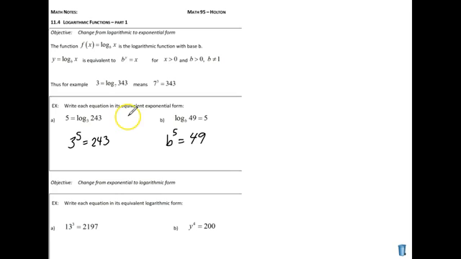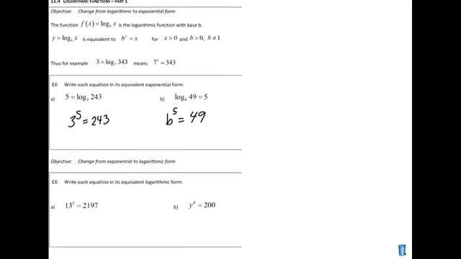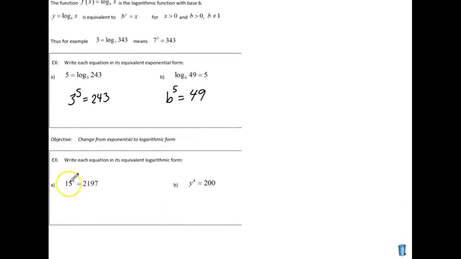So essentially you will be asked at times to take a logarithmic equation and just rewrite it in exponential form. Similarly, you will be given an exponential equation and asked to write it in logarithmic form. In order to do this, this base here becomes our base for our log, so log base 13. Notice that the log base is down lower, and typically a little bit smaller, so it's a little hard for me to do on this system, but you get the idea.